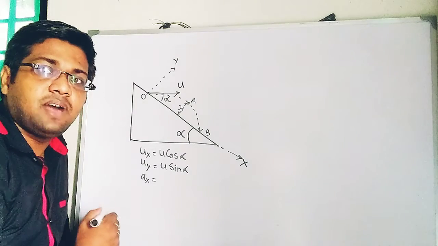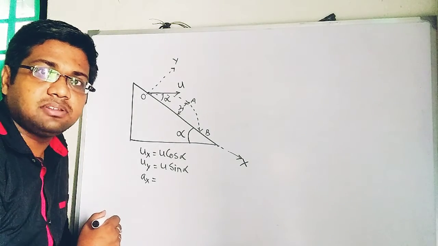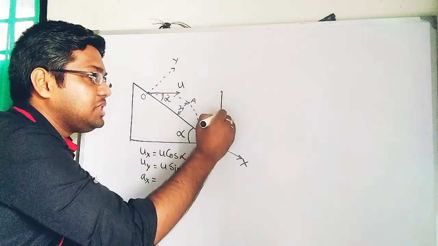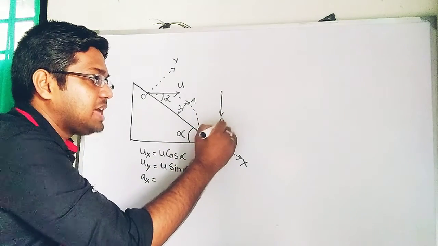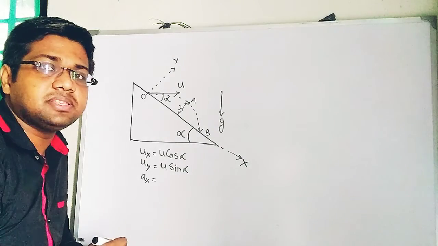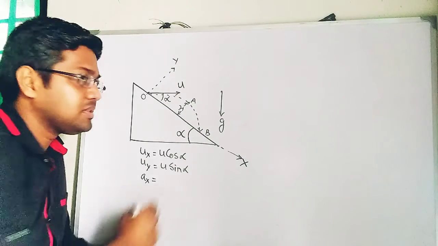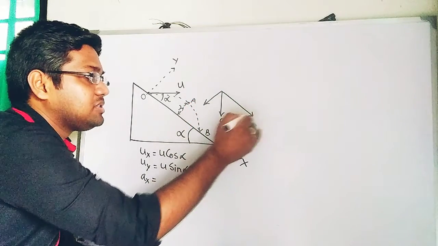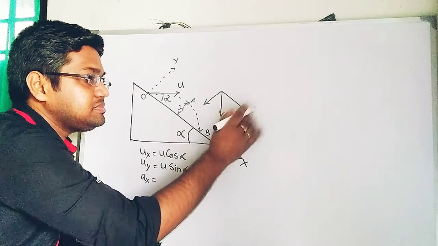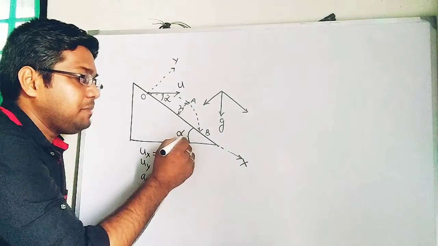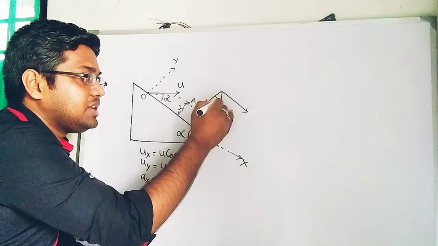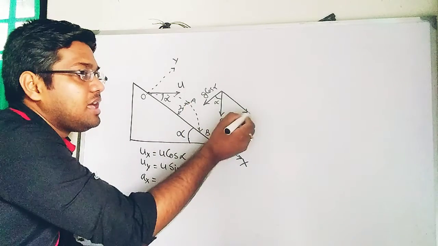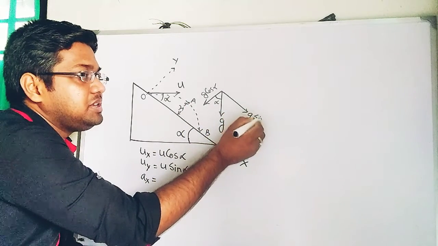Then, if I want to find the accelerations along the x-axis, one thing we have to consider, and you know, is that the acceleration due to gravity is always acting downwards. So it has two components, along the x-axis and along the y-axis. If this angle is alpha, then this should be g cos alpha, and this should be g sin alpha.